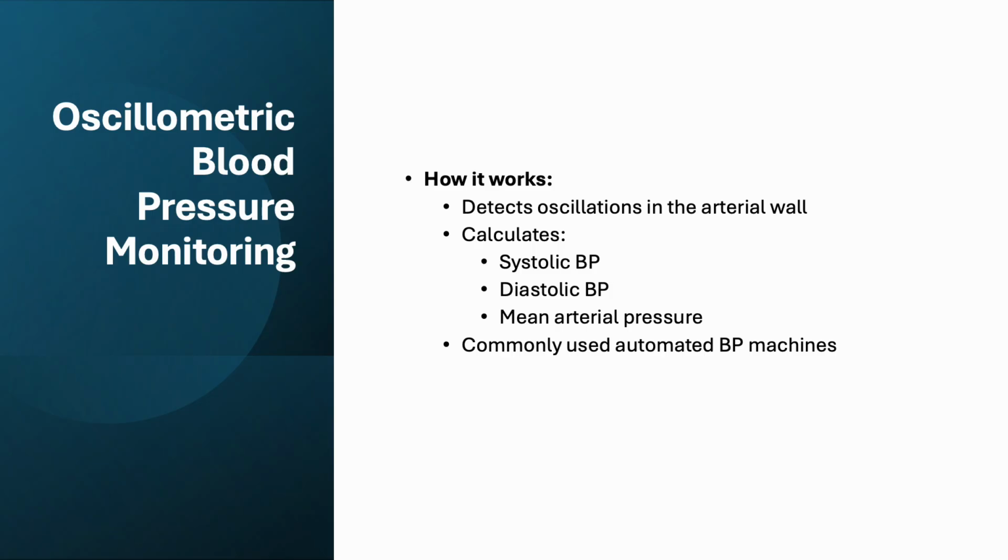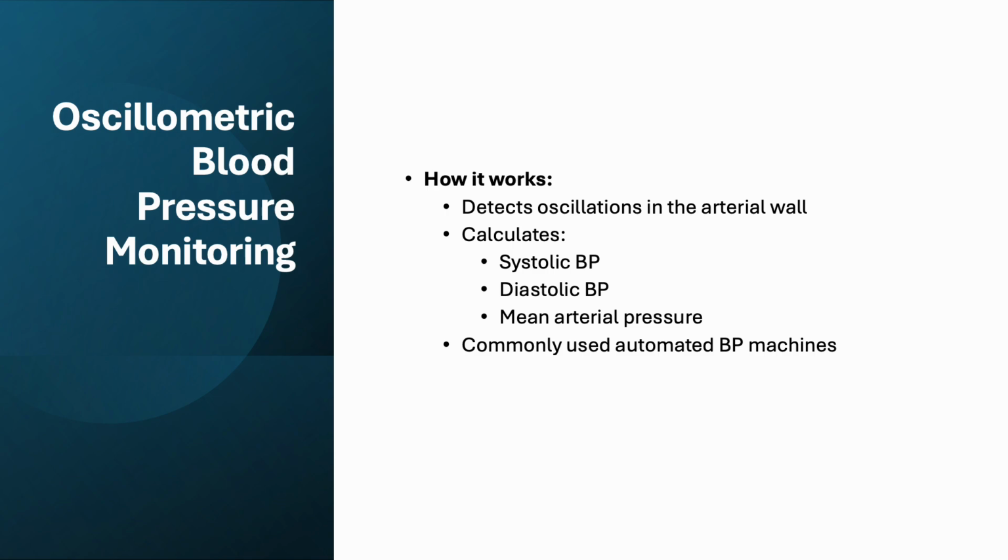The oscillometric blood pressure monitor requires placing a cuff over an artery and will inflate the cuff. The machine itself will calculate the systolic, diastolic, and mean arterial pressures. So you do get all three readings.